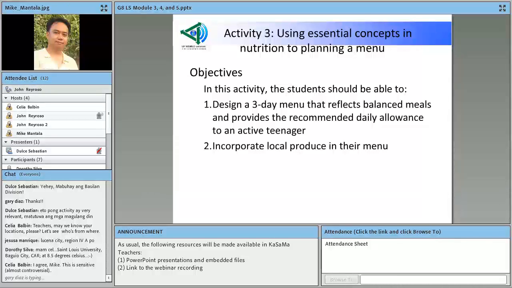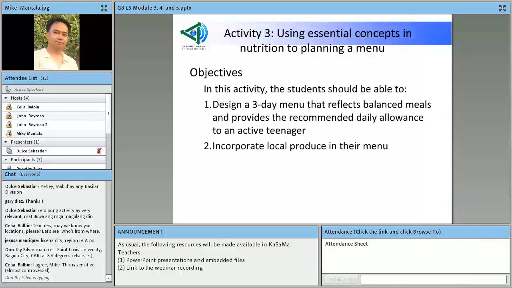I would just like to add that in this activity, what's important is that this is coming from the Department of Health, that our students learn how to eat in moderation, yung sapat lang na quantity ng pagkain. So that's moderation. They eat balanced meals, and that they eat a variety of foods.